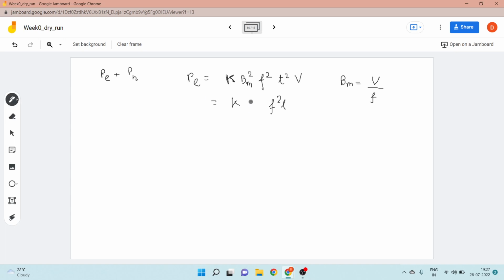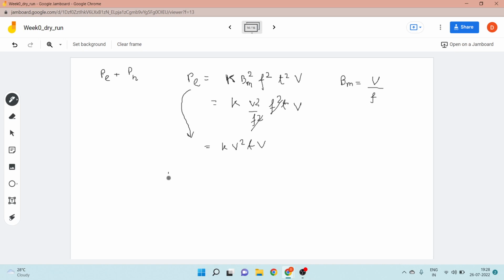So it is V square by F square. The rest of the terms remain constant. This F square will get cancelled and it is K V square T into V. So eddy current loss becomes independent of frequency.